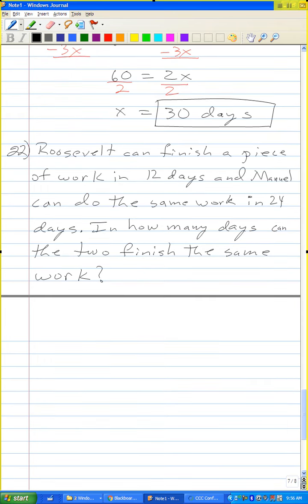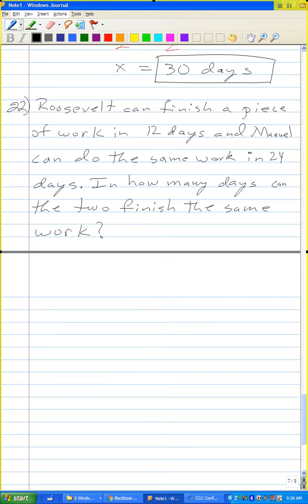And so Roosevelt can finish the job in 12 days, so he can do 1/12 of it per day. Manuel can do it in 24 days, so he can do 1/24 of it per day. And together they can do it in x days, so they can do 1 over x of it per day.